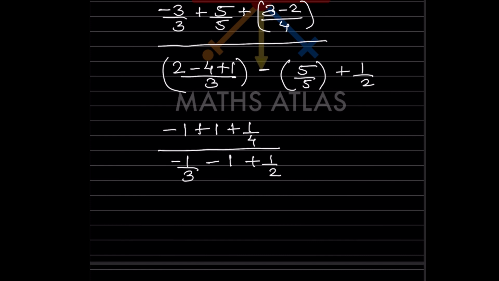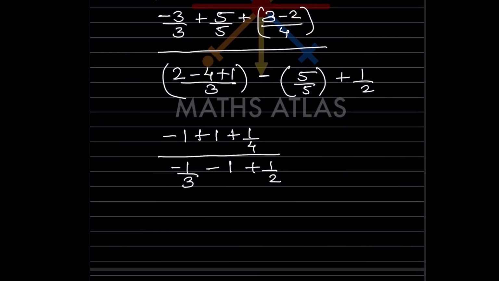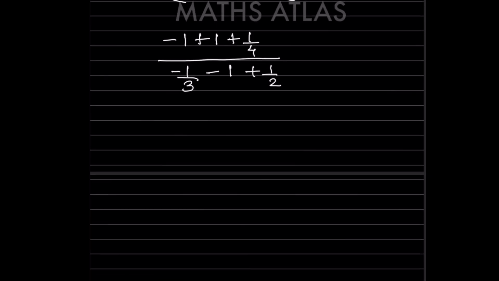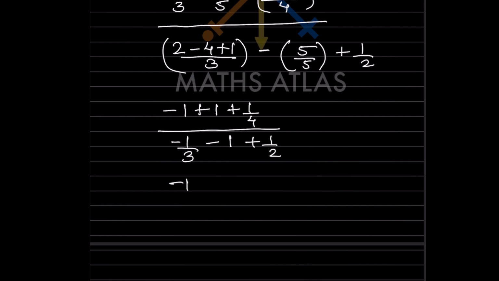So now there is no way but we have to take the LCM here. So can you see here, this is 4. So now here 1 is here is 1. So we have to multiply by 4. I'll write this step if you want. So that is going to be minus 1. I'll write this step.